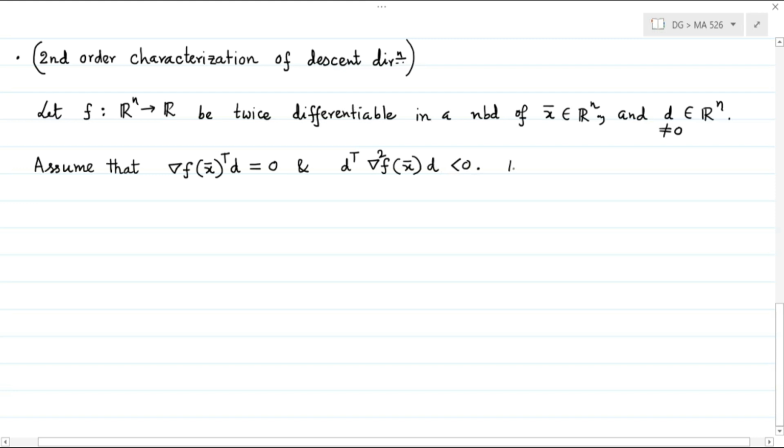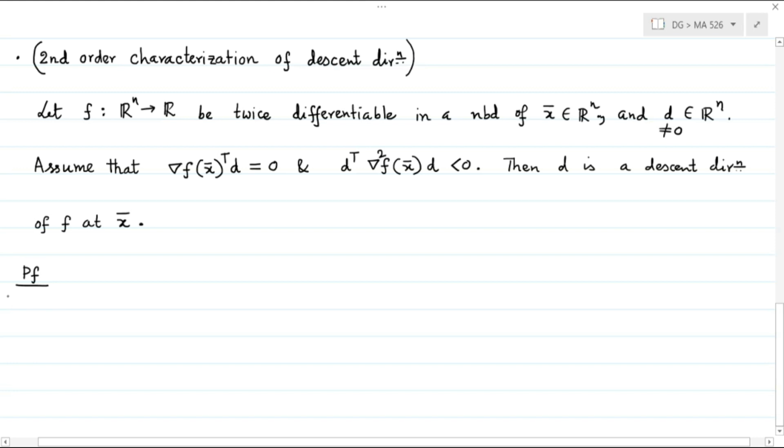Then we can prove that d is a descent direction of f at the point x bar. Fine. For the proof, it is again in the line of the proof for the first order characterization.